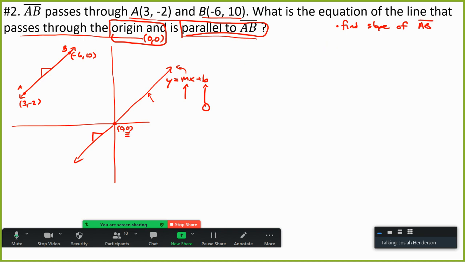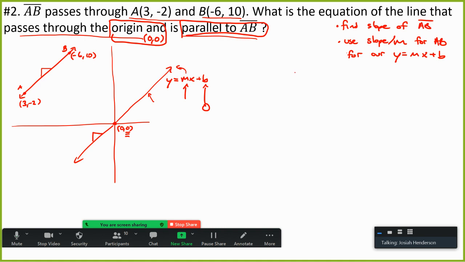So our strategy is find the slope of AB and we're going to plug that into the generic line formula, which is y equals mx plus b. Use the slope, remember that's m, found of AB, for our y equals mx plus b for the mystery line.